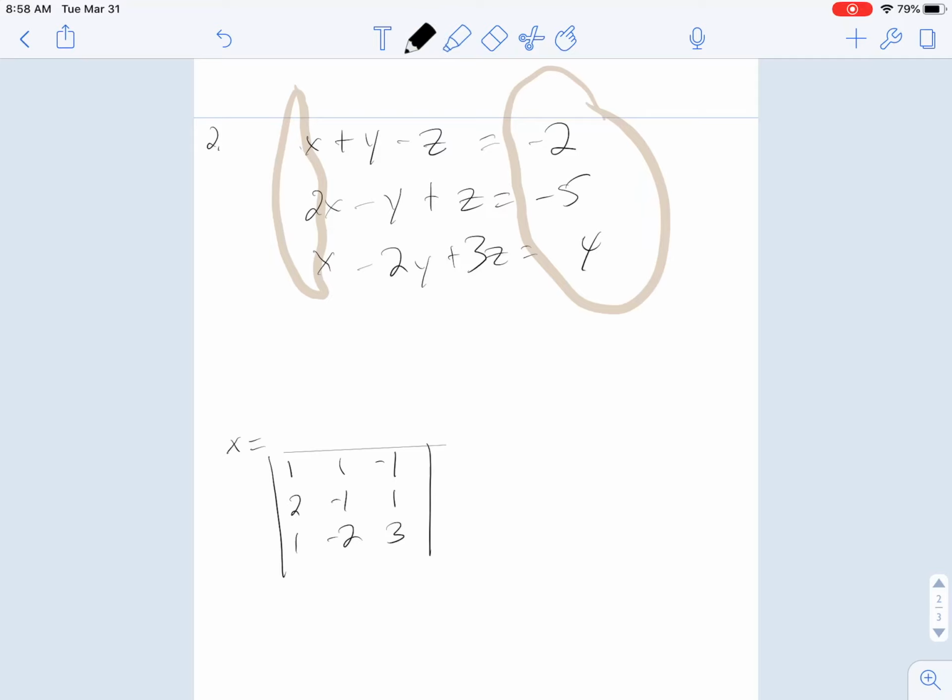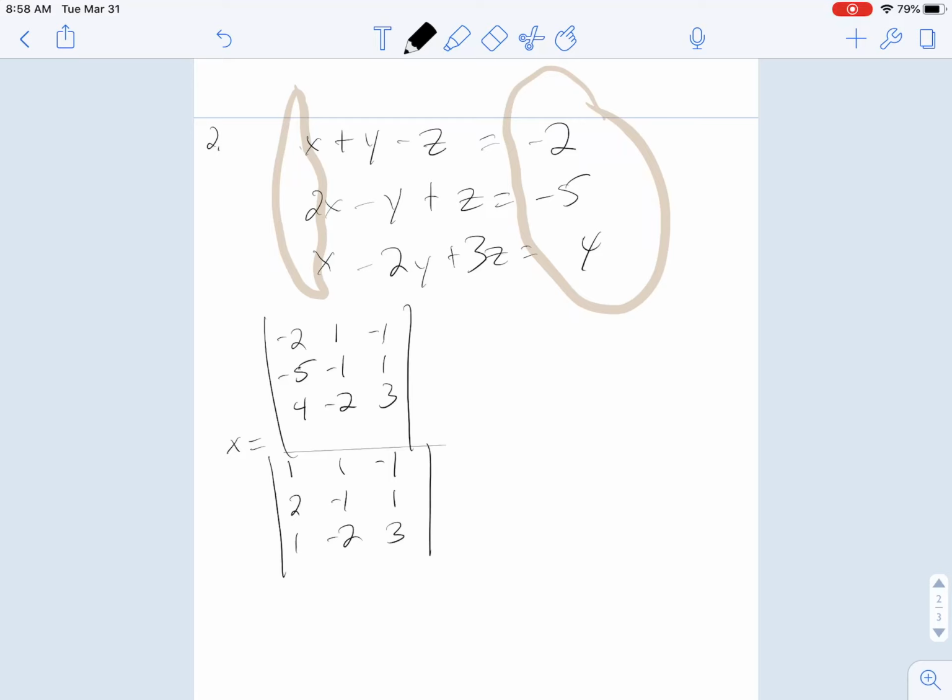So it's going to be negative 2, negative 5, and positive 4. The y coefficients are going to be the second column, 1, negative 1, and negative 2. The coefficients for z are the third and last column, negative 1, positive 1, and positive 3. And you're again going to find a determinant.